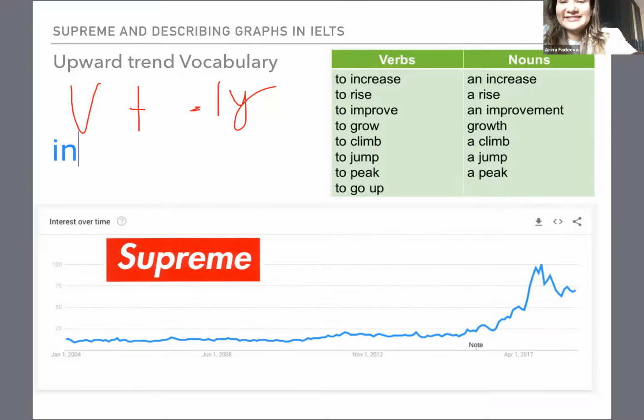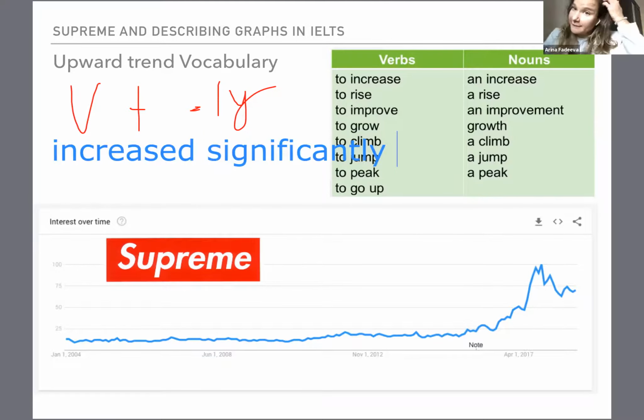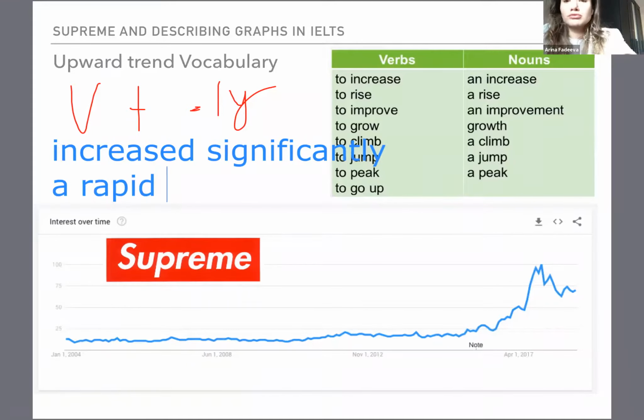So for example, increased significantly. How? Significantly. If you use a noun, so it's a rapid growth. So here it's absolutely vice versa.